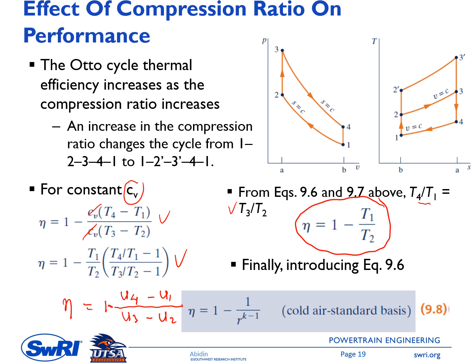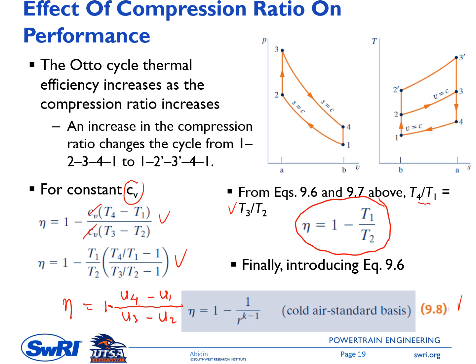Thermal efficiency equals 1 minus T1 over T2. And then by introducing equation 9.6, from the previous slide, you can get equation 9.8. This is the thermal efficiency as a function of the compression ratio, r, and k. k here is the specific heat ratio, and in this case k is constant.